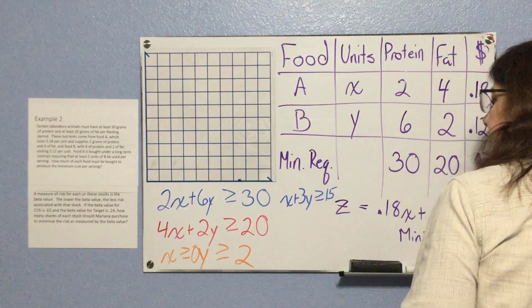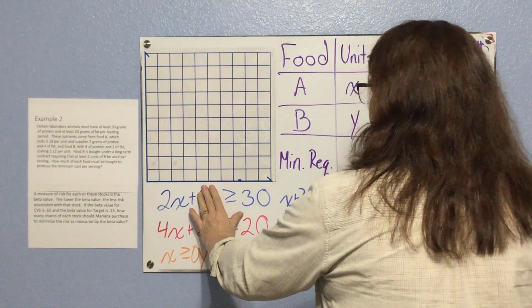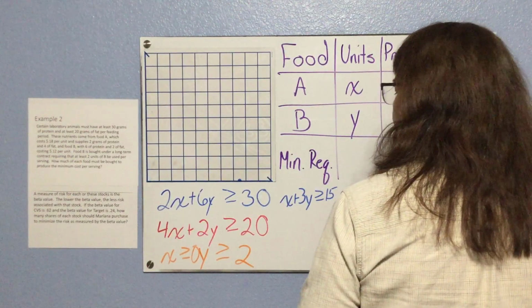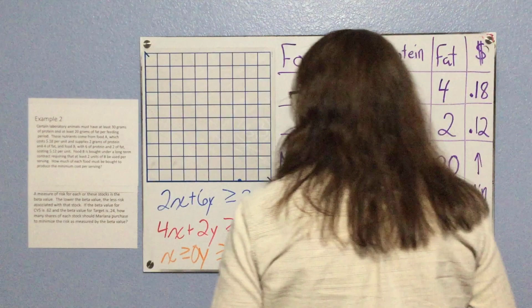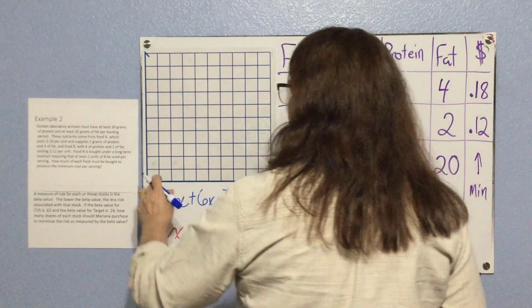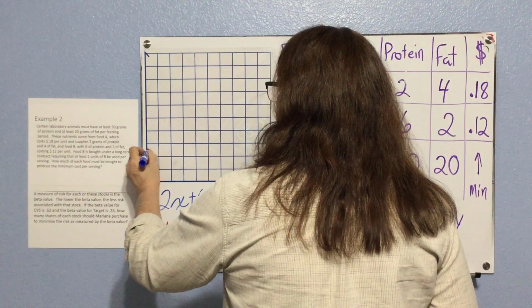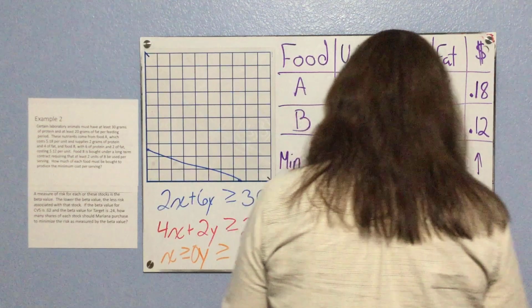If I had no y, there would be 15 units of x. If I had no x, I would need 5 units of y. So 2, 4, 5. And there's that constraint.